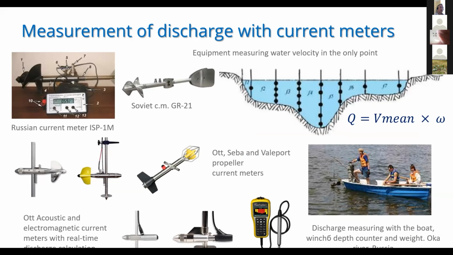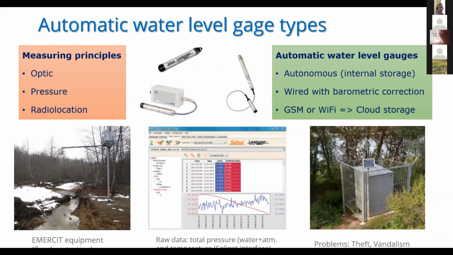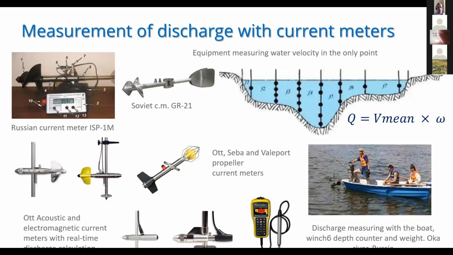And another significant type of water measurement is discharge measurements. Discharge measurements historically are made with current meters. With current meters of different types, and it is the most widespread type of water velocity measurement in the world.